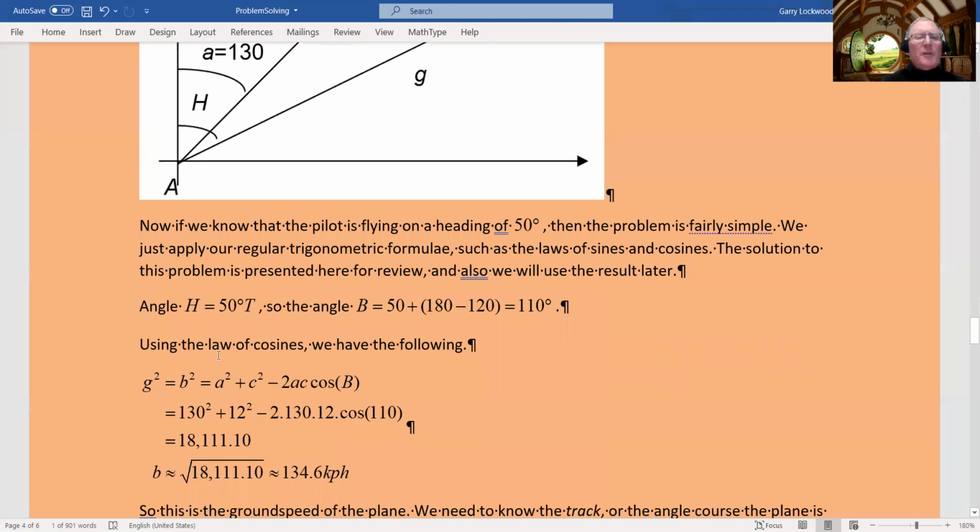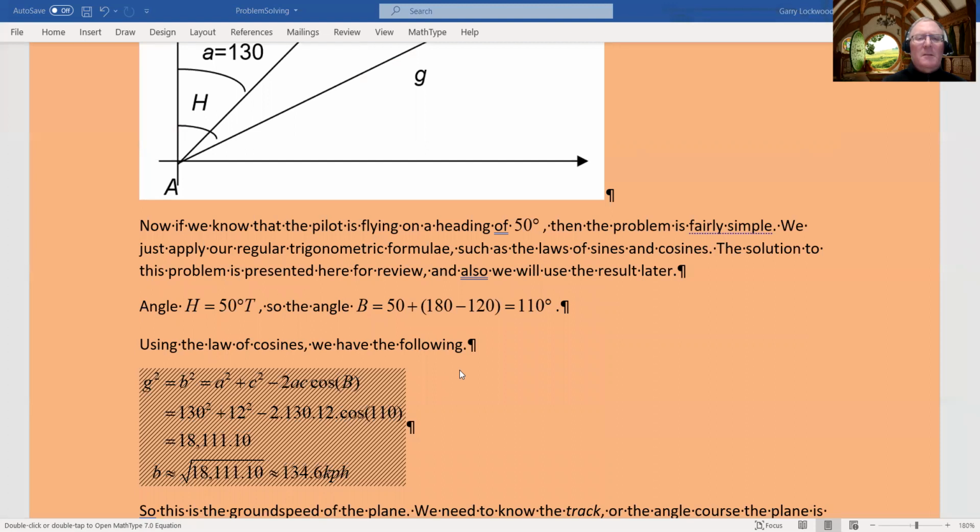So if we use the law of cosines, we've got G squared is equal to B squared. Where'd B come from? That should be G. My apologies. There we go.